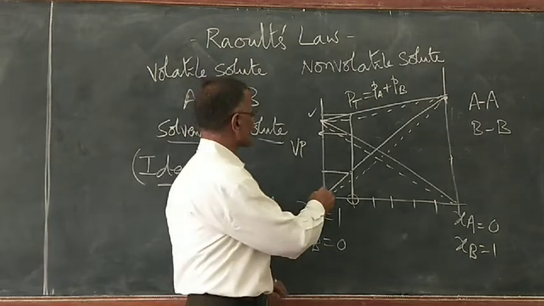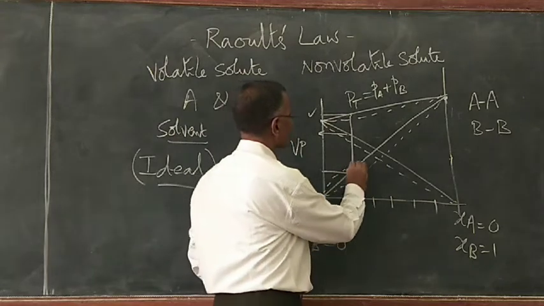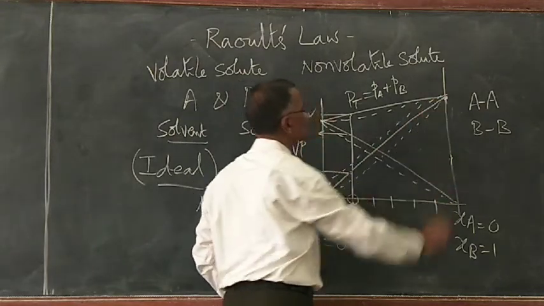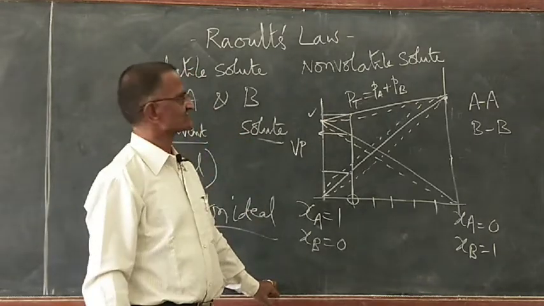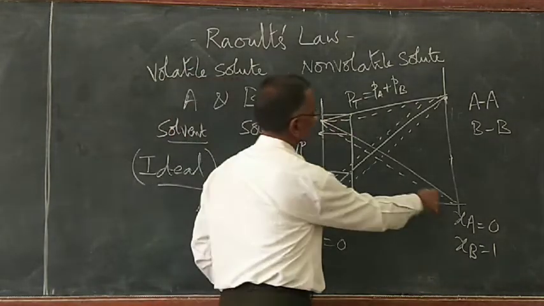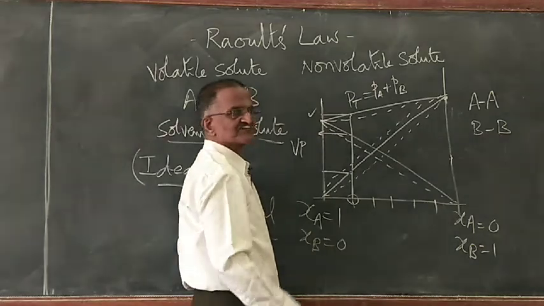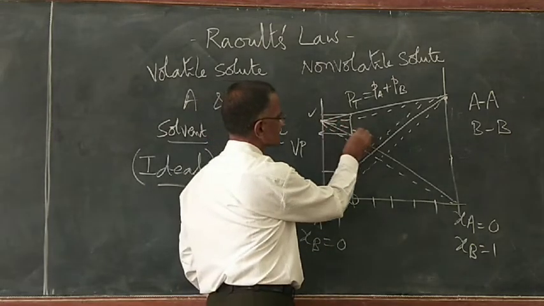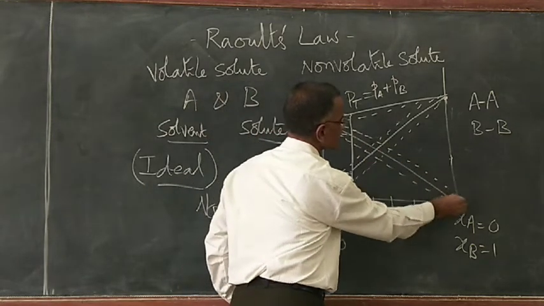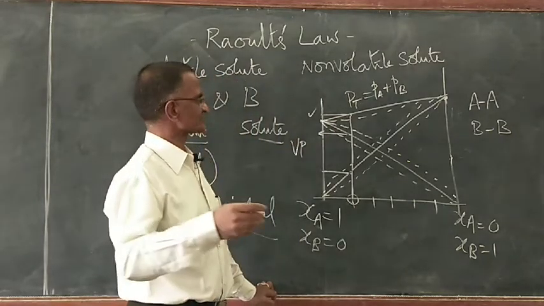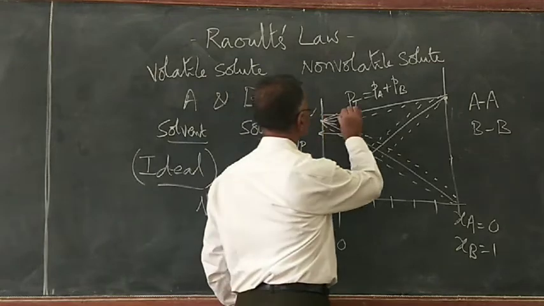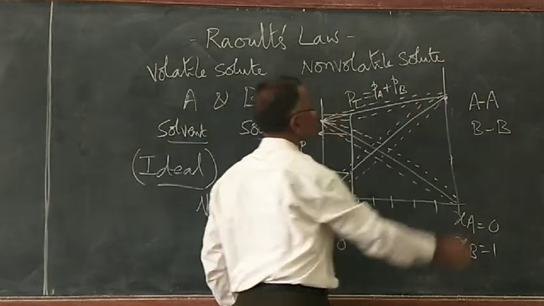These repulsions will account for an increase in the amount of vapor on the surface. That was expected to be a straight line. But because of repulsions, more particles of A are escaping into the vapor, more vapor pressure. So the total vapor pressure will increase.